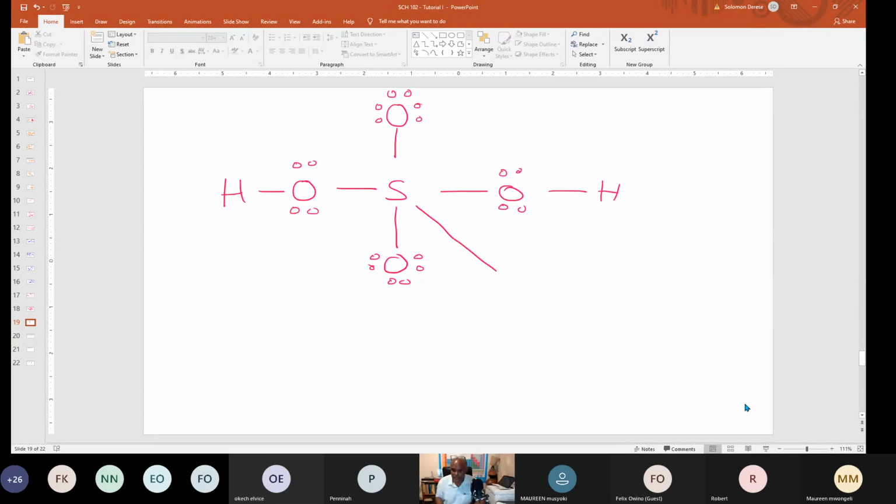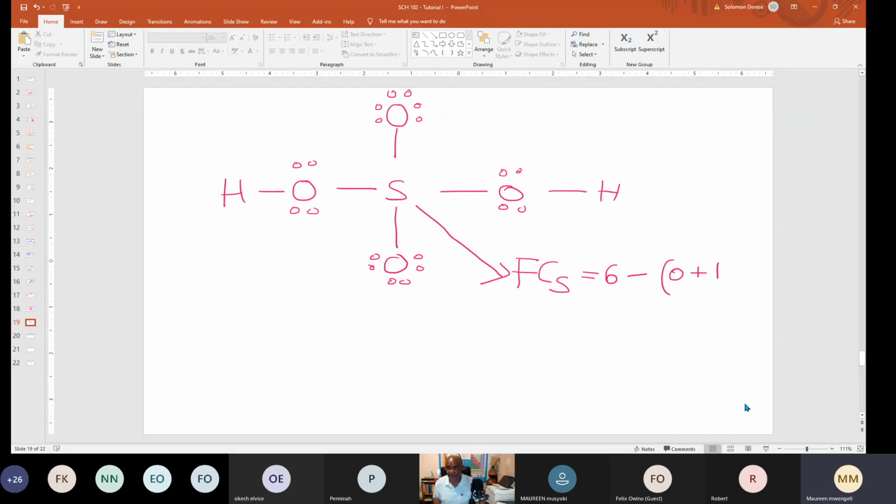Let us calculate the formal charge on the sulfur, okay? So, what is the number of valence electrons on the sulfur? 6. Minus how many lone pair electrons do we see on the sulfur? 0.